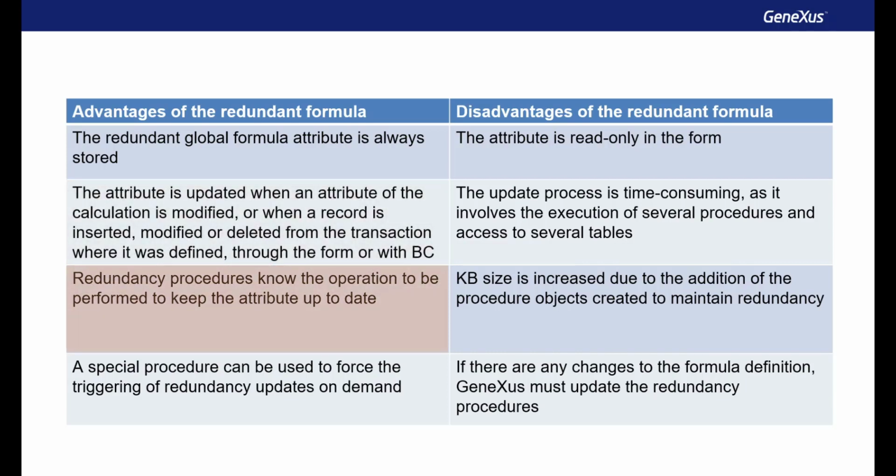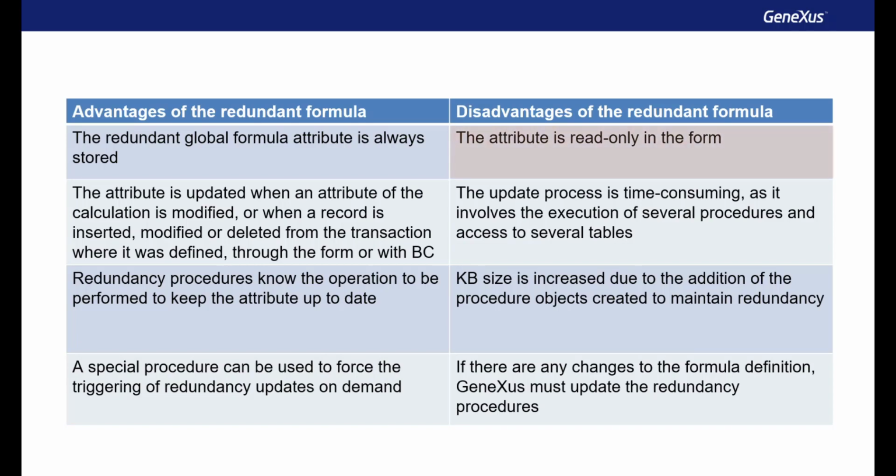Redundancy procedures know the operation to be performed to keep the attribute up to date. In other words, they know whether they have to add, subtract, or how to modify the value. And it's possible to force the triggering of the redundancy update on demand by means of special procedures that GeneXus creates when we define an attribute as redundant.